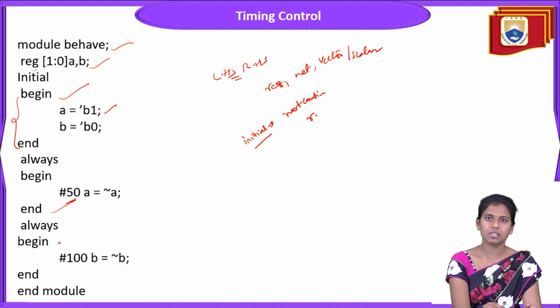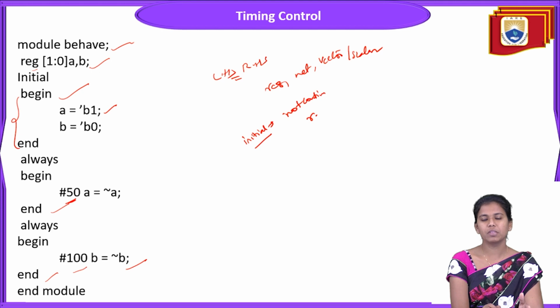And I'm starting always one more time, as it can be repeated. For my other input B, I consider a delay of 100 nanoseconds with the negation of B. Finally, I'm terminating with endmodule.